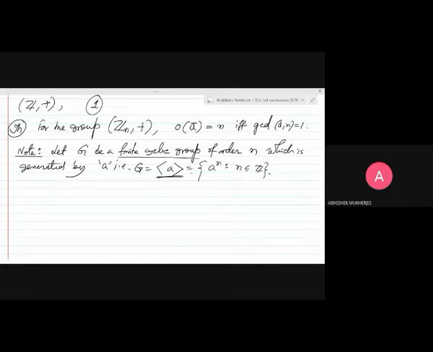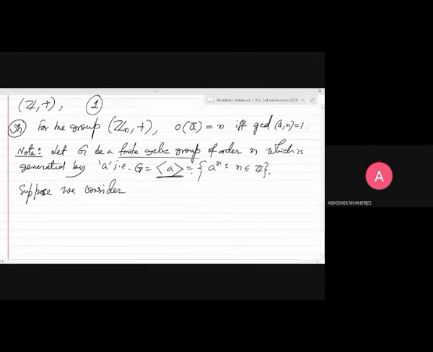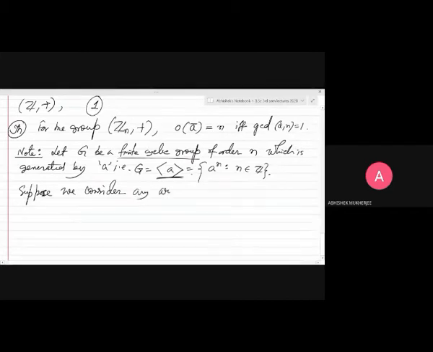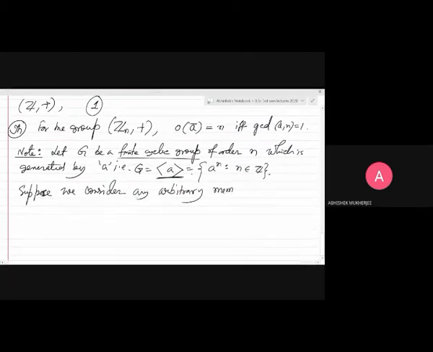So, suppose we consider any arbitrary member of this group. Say, a to the power m.